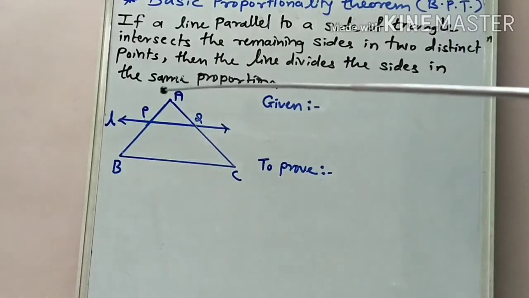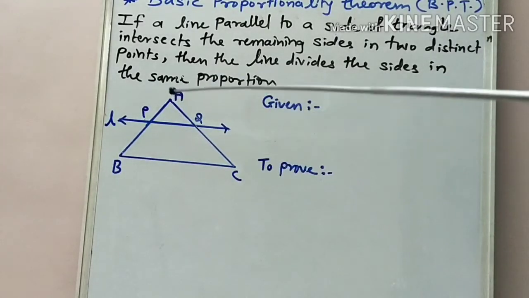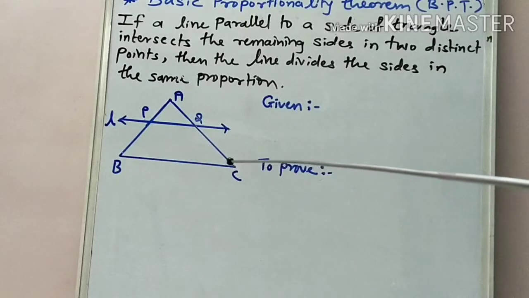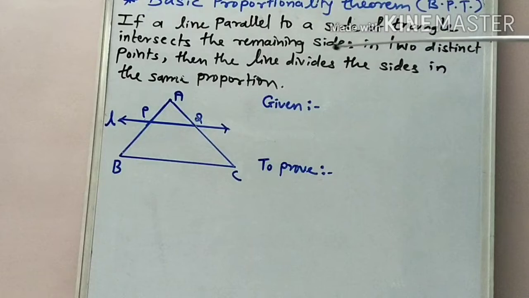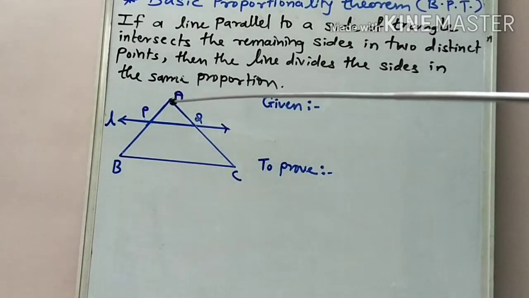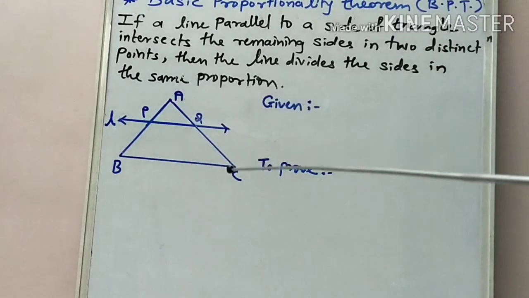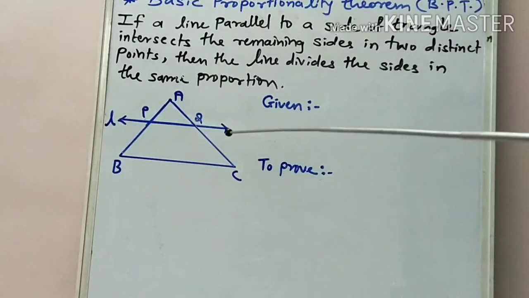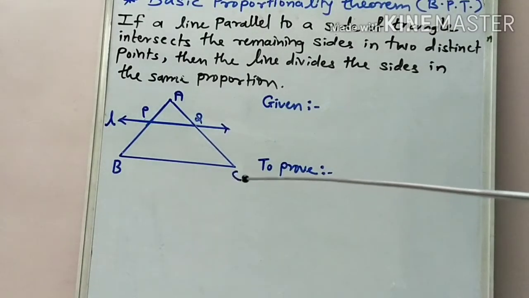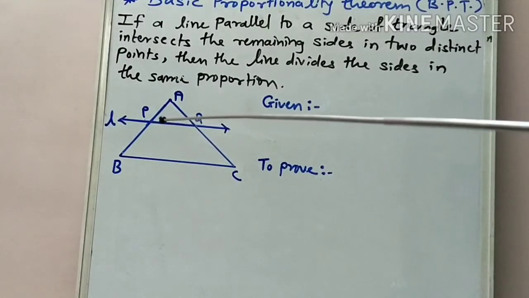According to that given statement, I draw a triangle and name it triangle ABC. The statement says a line parallel to a side of the triangle. So in triangle ABC, segments AB, BC and AC are the three sides, and I draw a line parallel to side BC, which intersects the remaining sides.